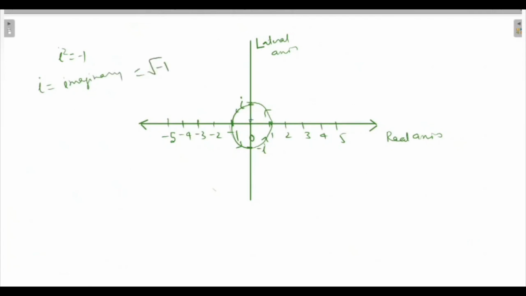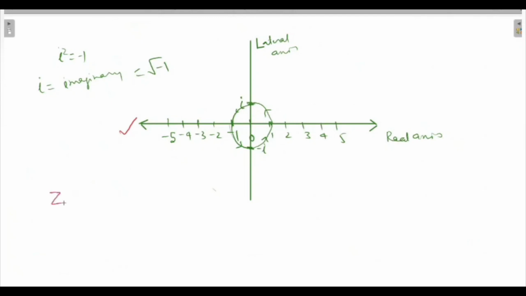But that is why it is also called a lateral number, because it exists laterally to the real number line. Okay, so i is existing here or here, which is lateral to the real number line. Now once we have understood the imaginary number, the real definition of complex number starts.